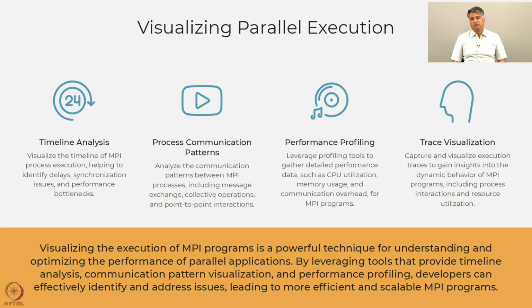We looked at the mpiP profiling tool to gather detailed performance data such as CPU utilization, memory usage, and communication overhead for MPI programs. We can also visualize execution traces to gain insights into the dynamic behavior of MPI programs, including process interactions and resource utilization. All this will lead us to a more efficient and scalable MPI program.